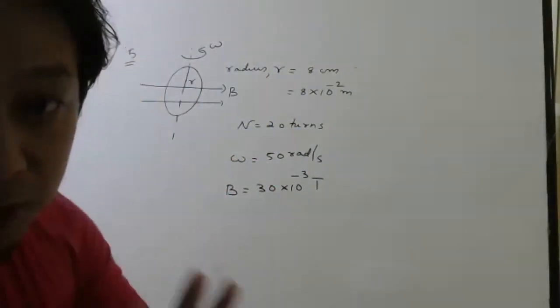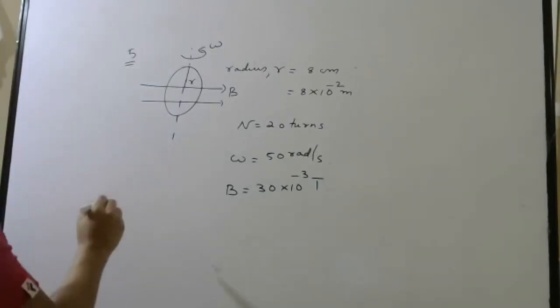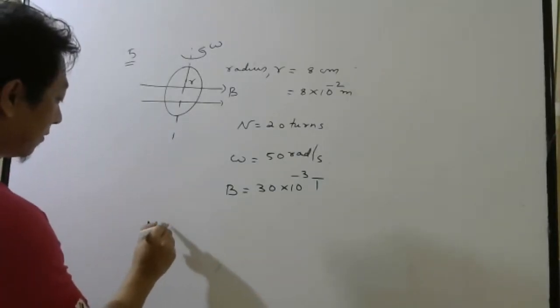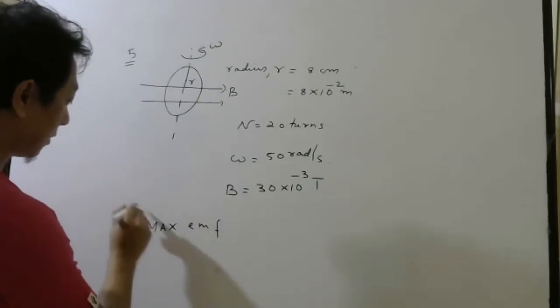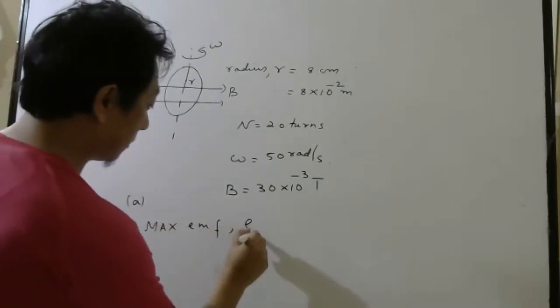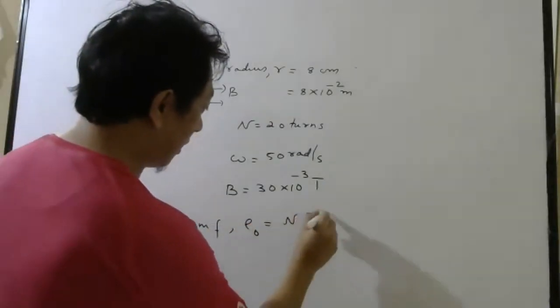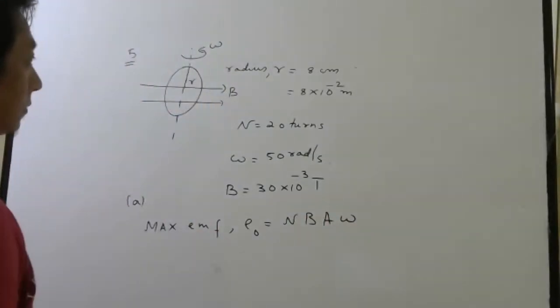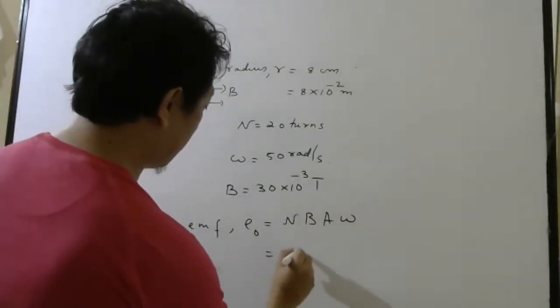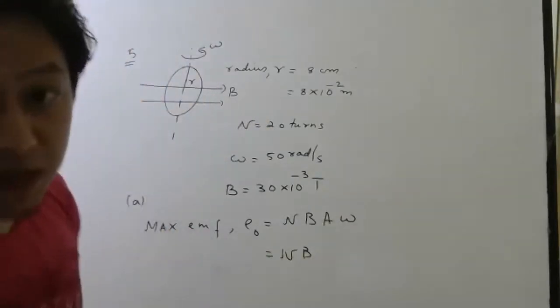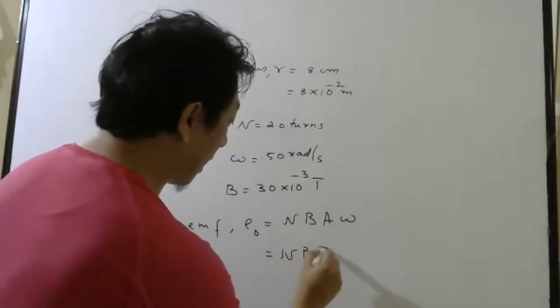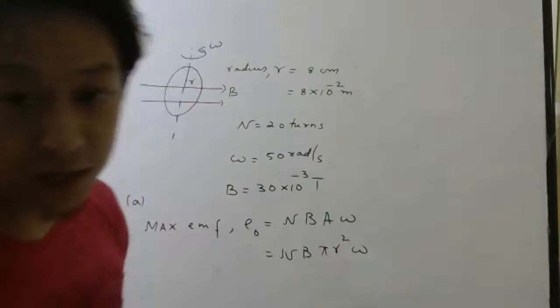Just keep your calculator ready, okay? So let us calculate maximum EMF. First part. NBA omega. This will be NB. Area they have not given directly, so we have to write pi r square because it is a circular area.